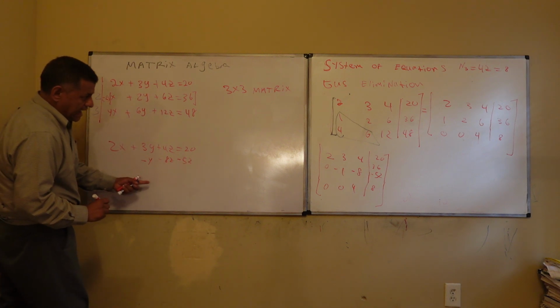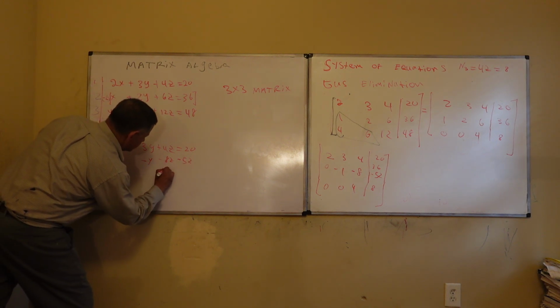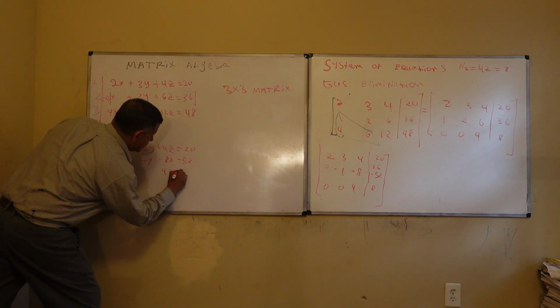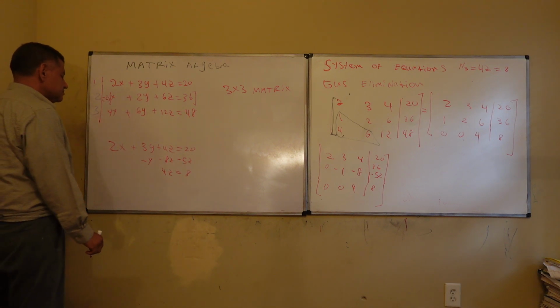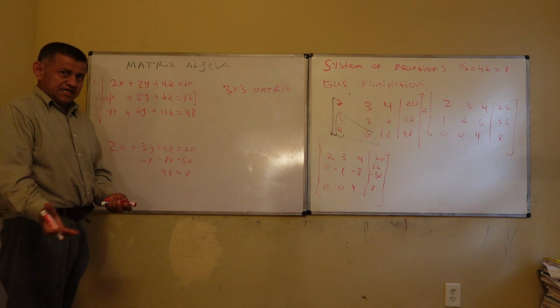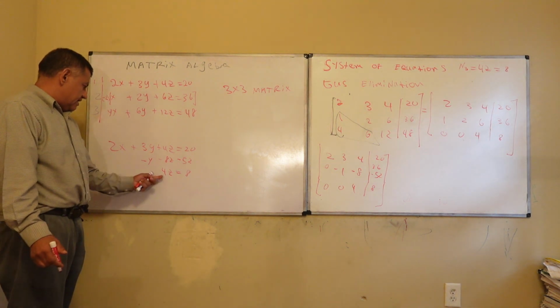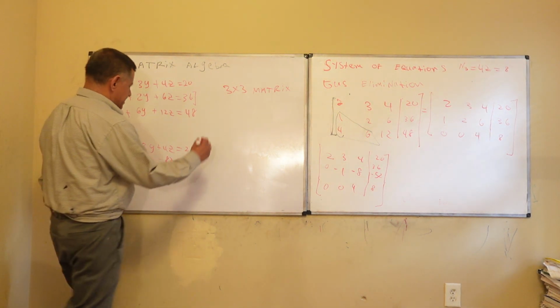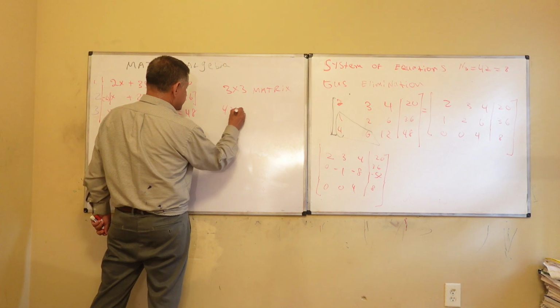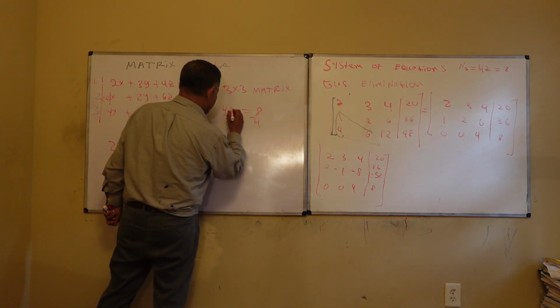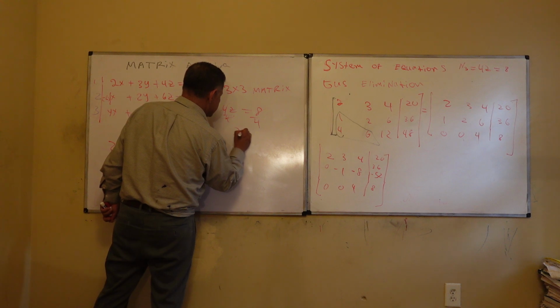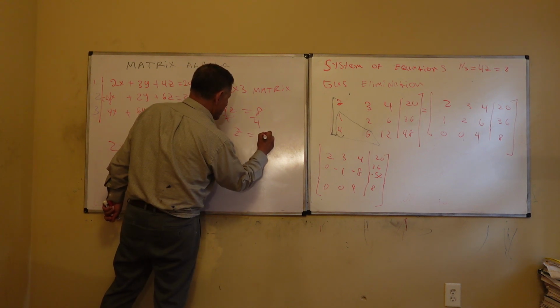And then now the bottom I have 4z equal to what? Is equal to 8. Now you understand why this is a piece of cake. Now I can easily say that 4z is equal to 8, divided by 4 on both sides, and z is equal to 2.